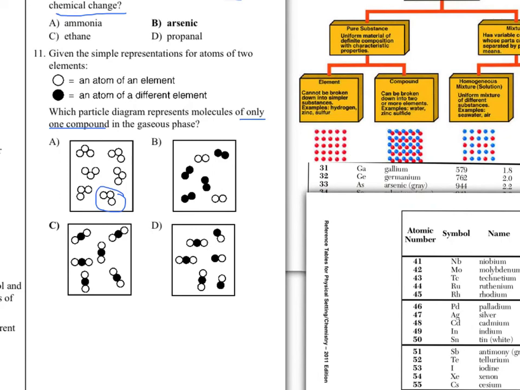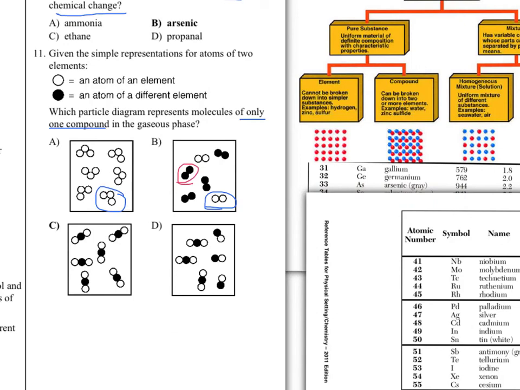Now in choice B, we have a mixture of elements. We have a diatomic element of open circles, and we have a diatomic element of closed circles. So this is wrong because we have no compound, and we actually have a mixture of elements.